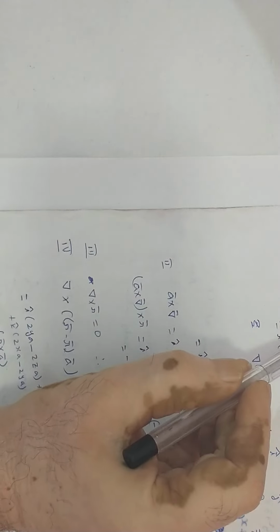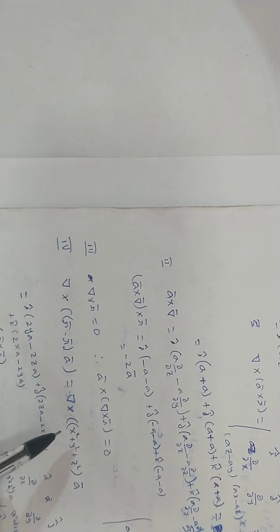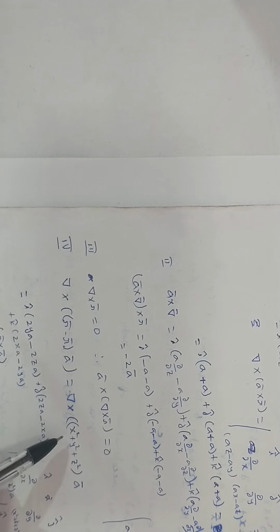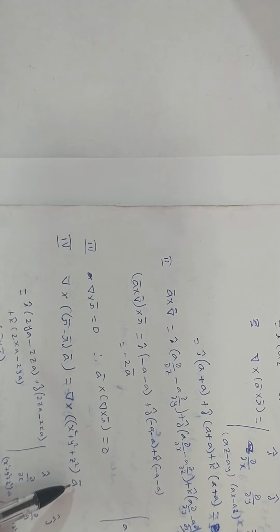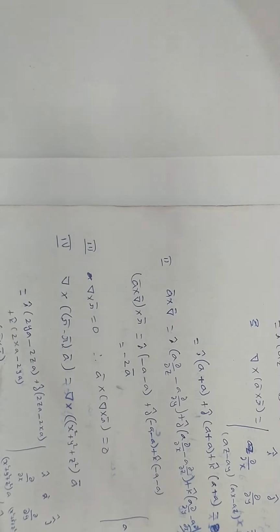Then the fourth question is curl of r dot r a, where r dot r is x square plus y square plus z square, times vector a. Now if you find the curl, this reduces to 2 into r cross a.